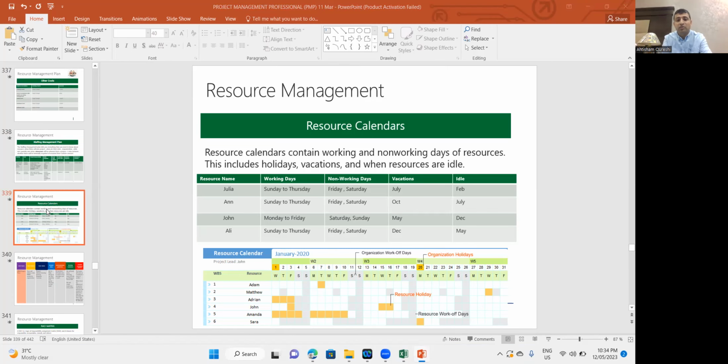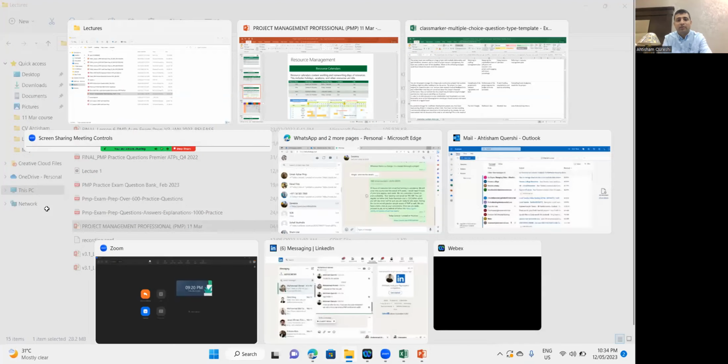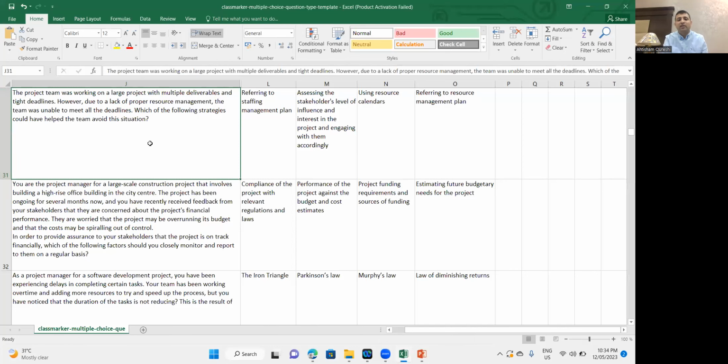So now it does make sense, guys, that the resource calendar is where, if we had managed it well, we wouldn't miss the deadline.